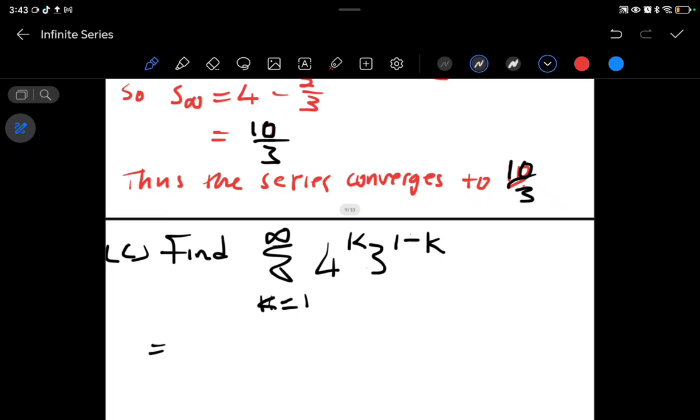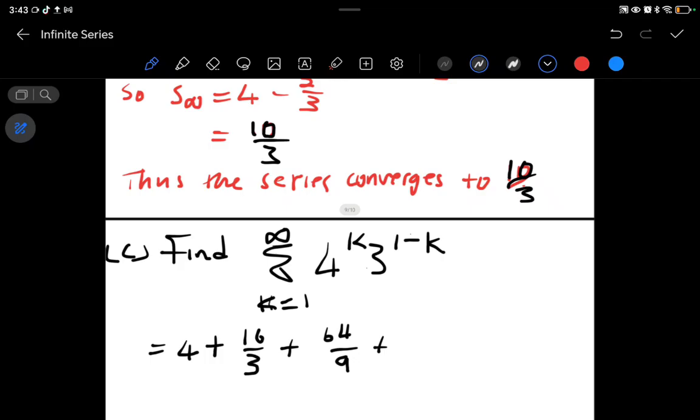We know that if I plug 1 there, I'll get 4 plus, if I plug 2, I'll get 16 over 3. If I plug 3 on k, I'll get 64 over 9.